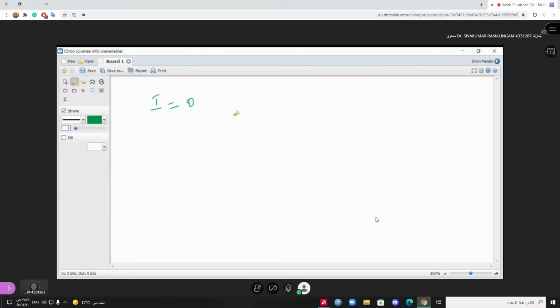I is equal to 0.0255 into, what is that t value there? 2.472. 2.472 divided by 2 pi whole square is equal to, what is that? 3.95. 3.95 into 10 to the power minus 3.